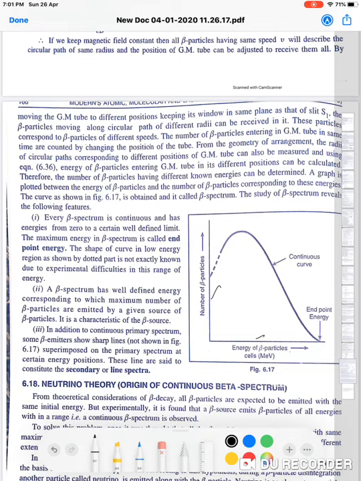But the energy of every beta particle is not a constant energy. The energy changes with respect to each beta particle, and this is experimentally measured.